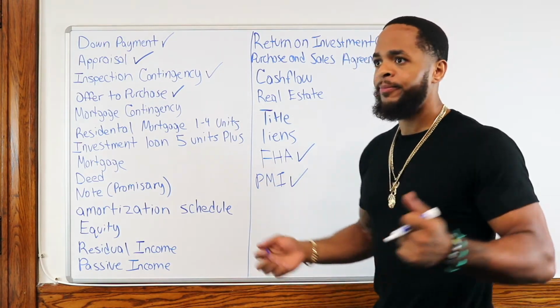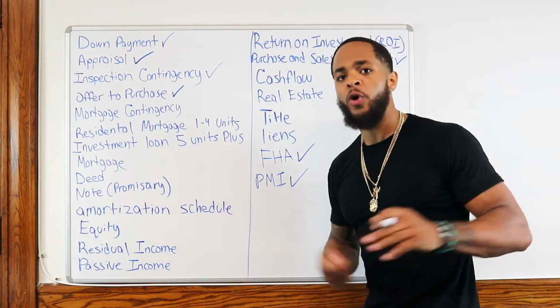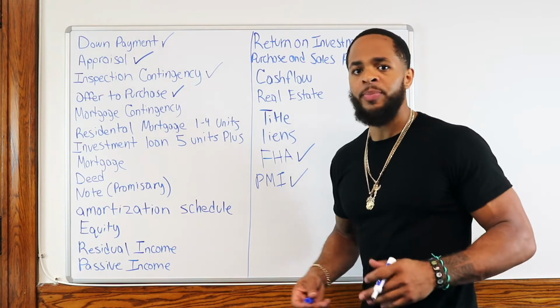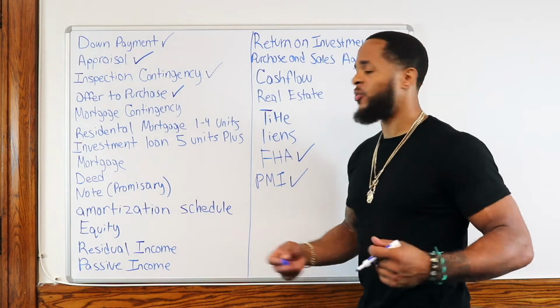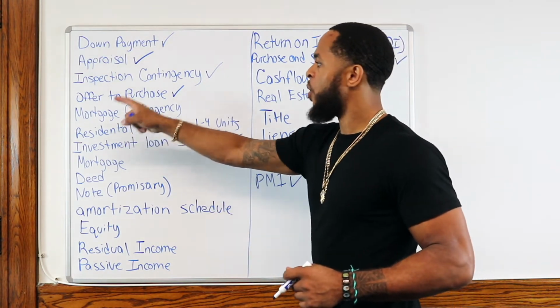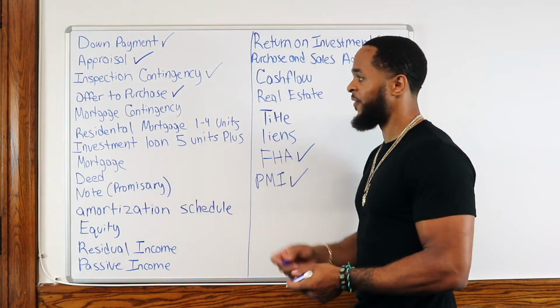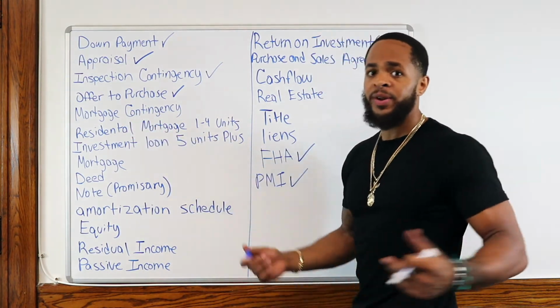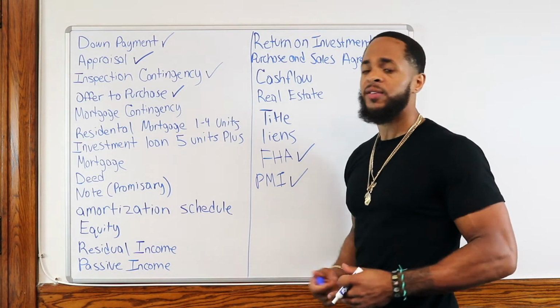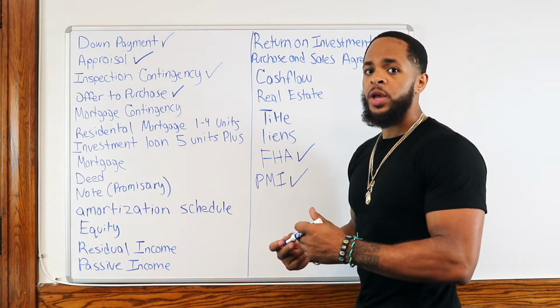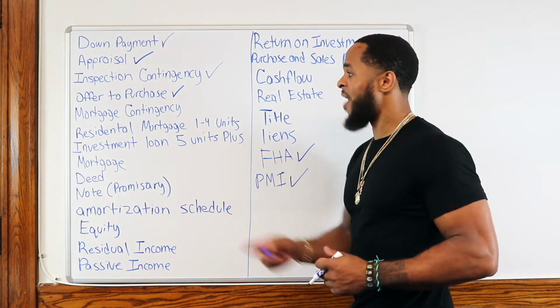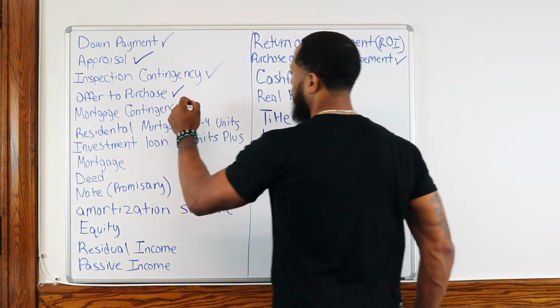It's almost like a deposit on a car, right? If you want to hold the car, you put down a couple $100. That's what the earnest money deposit would be. You want to make sure you put in a mortgage contingency so you get that money back. Because if you don't, and let's say you put down like $1,000 or $5,000 as an earnest money deposit, that money may not come back to you if you don't have a mortgage contingency in there. So put that in there as well.